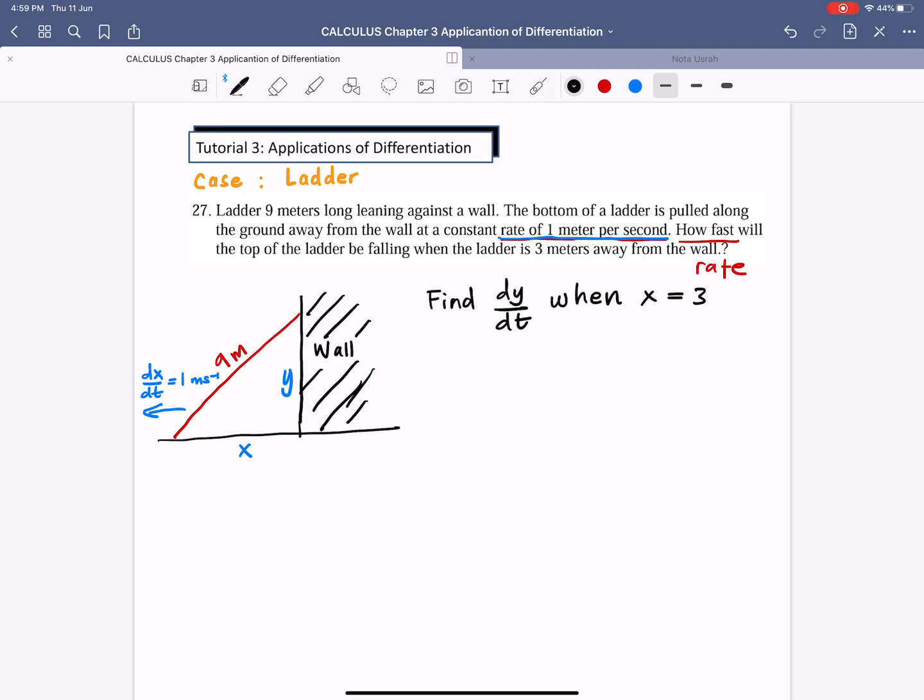So what's next? Now we need a formula. What do you think? If you see here, we have a triangle problem. We need to utilize the Pythagoras theorem.